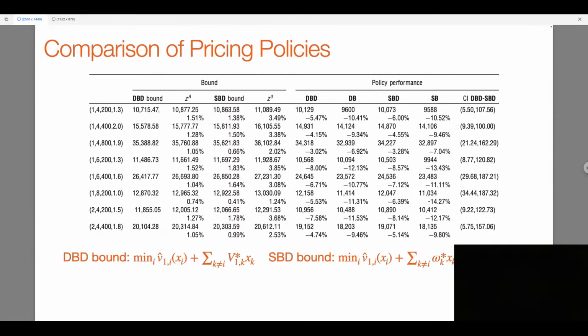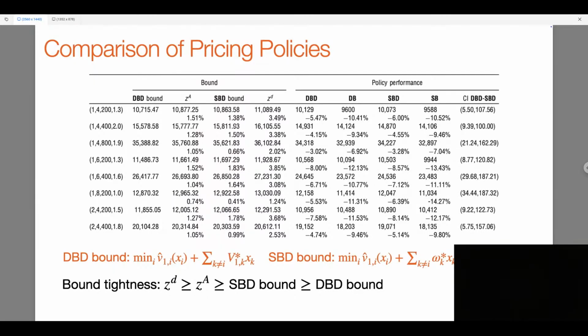The bound for the DBD is a minimization over all the resource types i with approximation, and the SBD bound is a minimization over all the resource approximations under the static buy pricing decomposition.